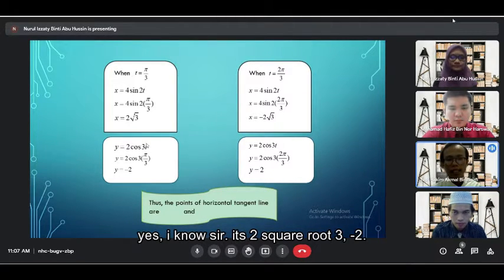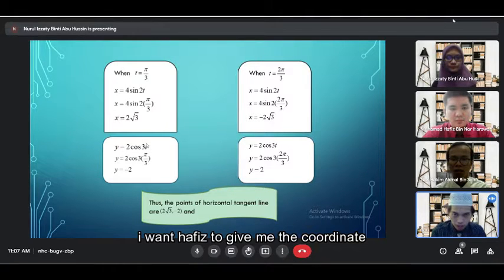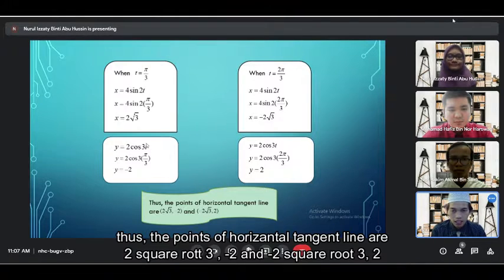It's 2 square root 3, negative 2. Good job, Hakim. So now, when t equals 2 pi over 3, I want Hafiz to give me the coordinates. Just easy, sir. We got negative 2 square root 3 and 2. Good job, Hafiz. Thank you. Thus, the points of horizontal tangent line are (2 square root 3, negative 2) and (negative 2 square root 3, 2).